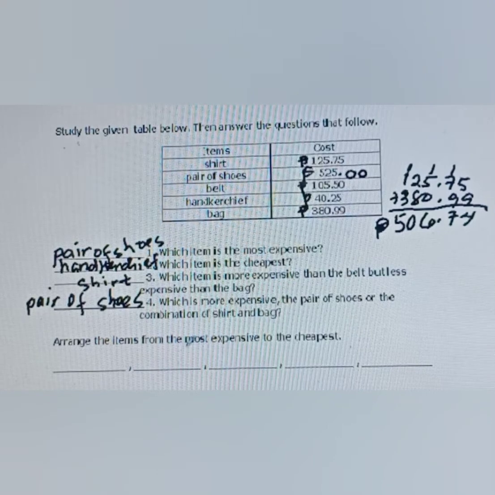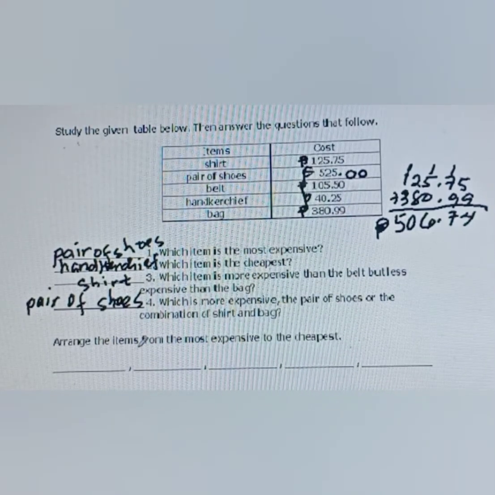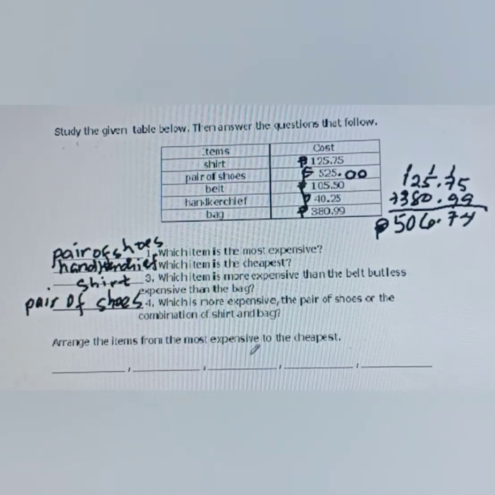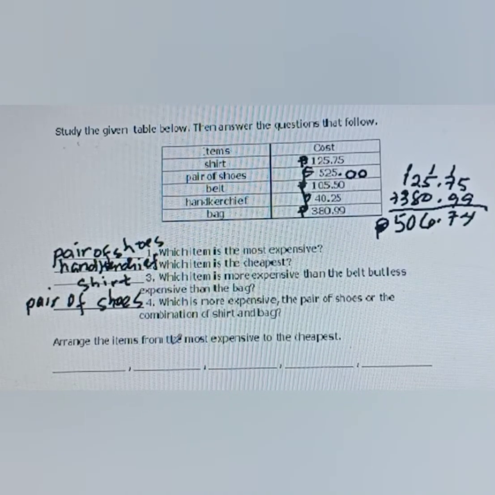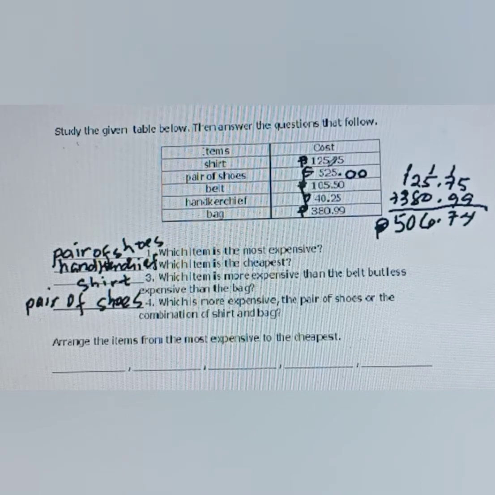Okay, so let's answer the last one. The last one is we arrange the items from the most expensive to the cheapest. So let's start with the biggest whole number. By the way, it says the items, so we compare the whole numbers first. The biggest whole number is this one, the 525. So that's pair of shoes.